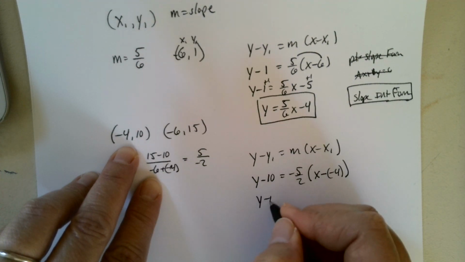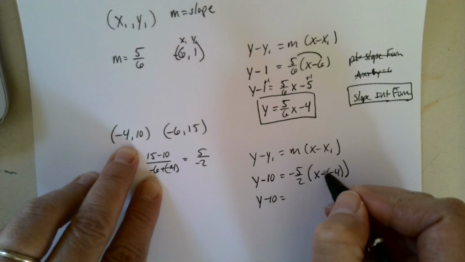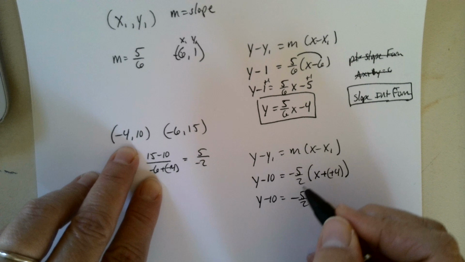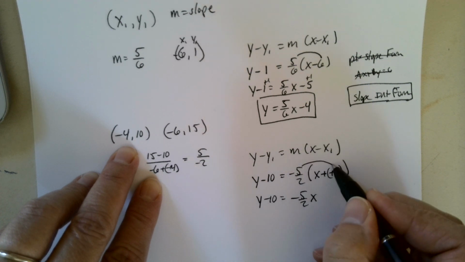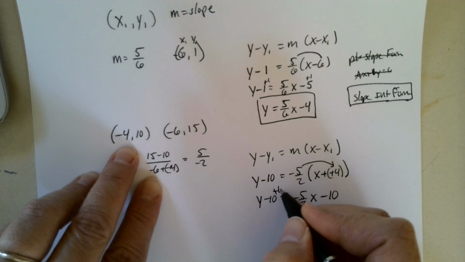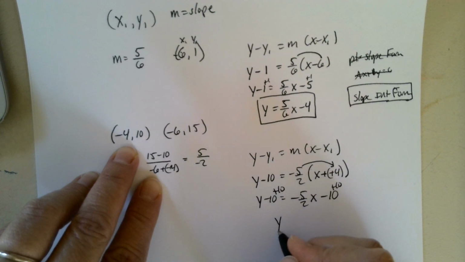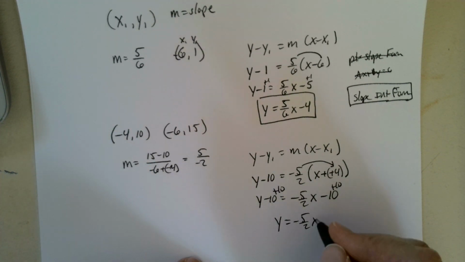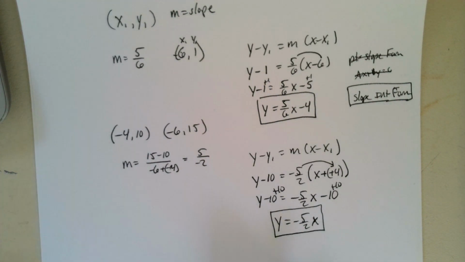So I'm going to have y minus 10, and I'm going to make that a positive 4. When I distribute, I'm going to have negative 5/2 x. When I take negative 5/2 and distribute it to the 4, I'm going to get negative 10. Then when I add the 10 over to get the y by itself, I end up with negative 5/2 x. Again, I want you to take it to slope-intercept form.